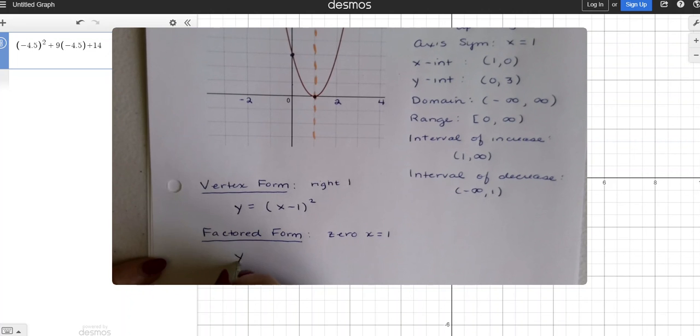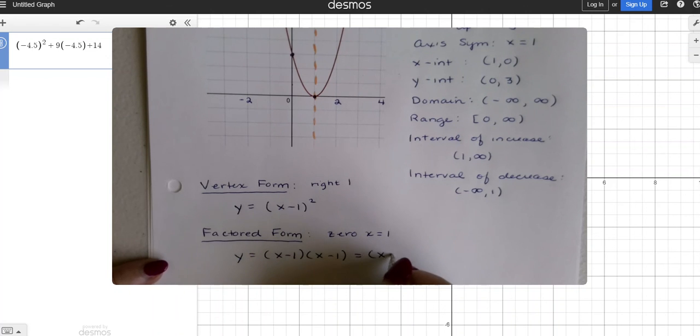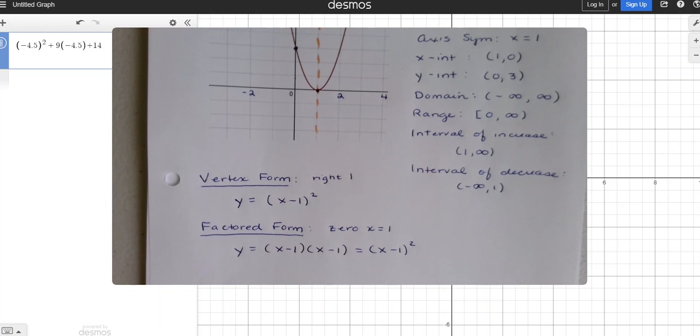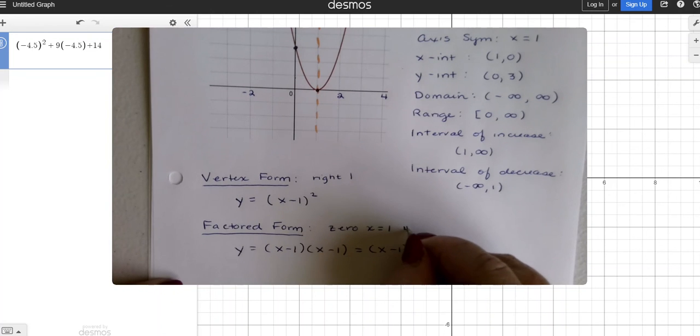It's x minus 1 times x minus 1. What actually happened there is the x minus 1 really occurs twice. That 0 occurs twice. And again, I think this is a phrase we've used in the past. We see that 0 has multiplicity two.